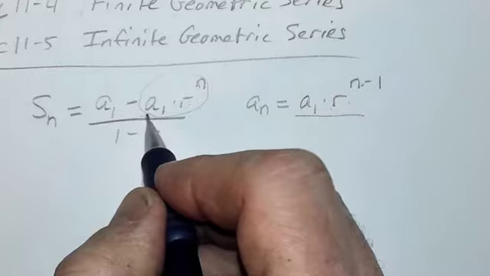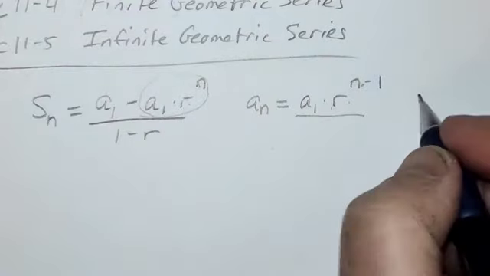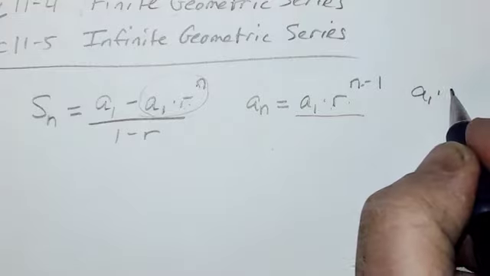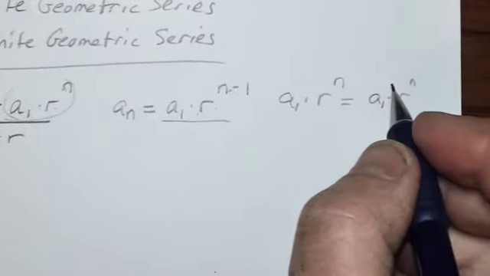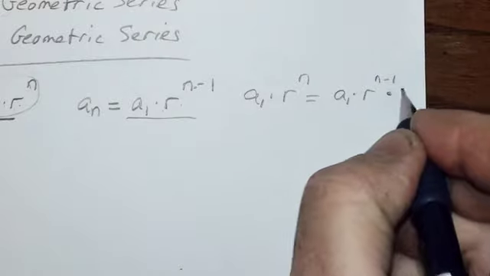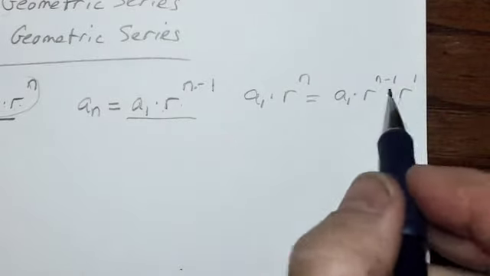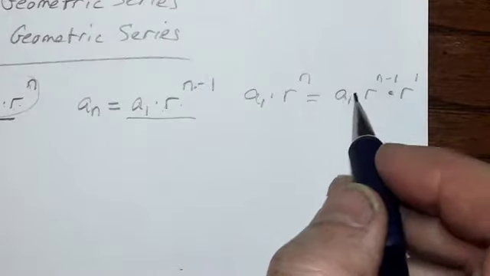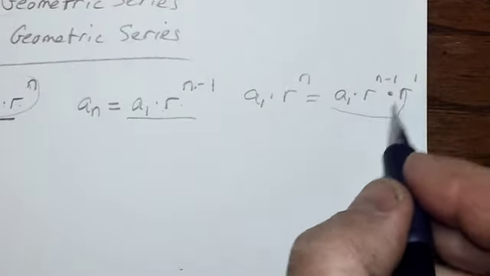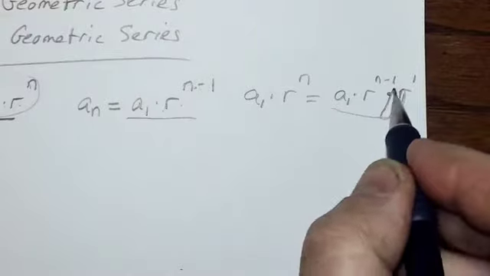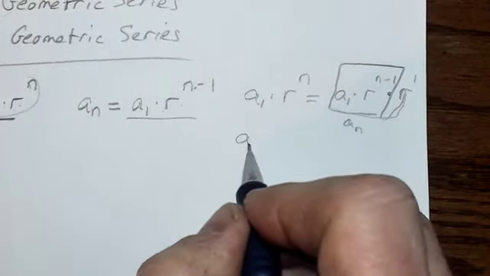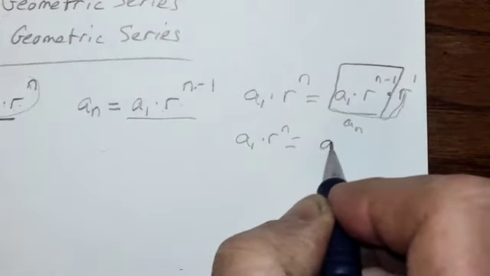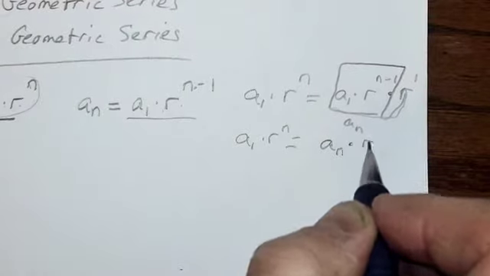So really, a sub 1 times r to the n is a sub 1 times r to the n minus 1, times r, because we add those exponents. And that part is just a sub n times r.